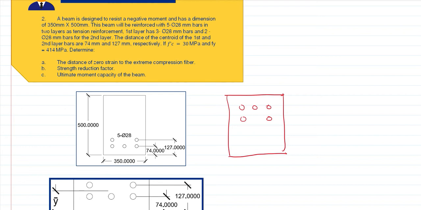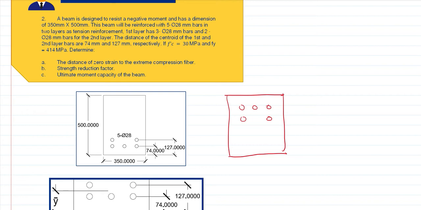So ni-note ko lang yung pagkakamali kasi when we go to the design, kailangan natin na alam natin where is the tension reinforcement. So alam natin kung nasaan ang reinforcement kapag negative yung moment and nasaan yung reinforcement kapag positive yung moment. So for this one, syempre sabi doon dalawang layers yung reinforcement mo.